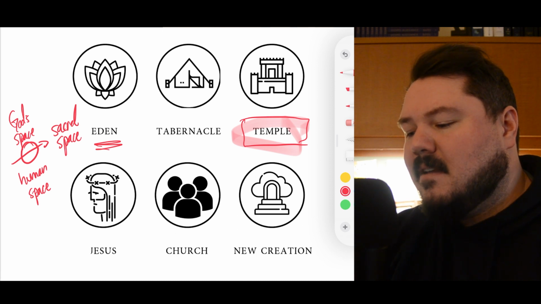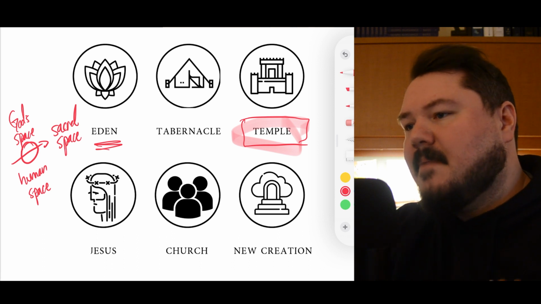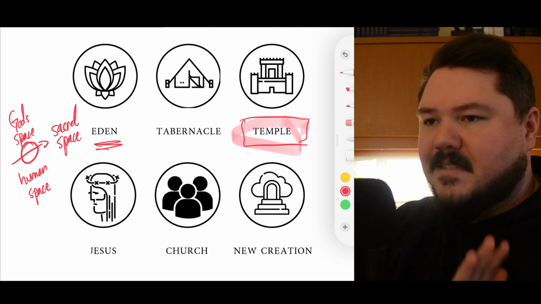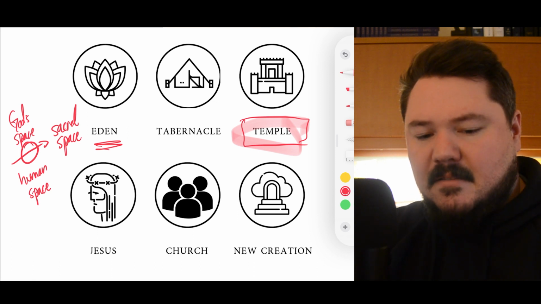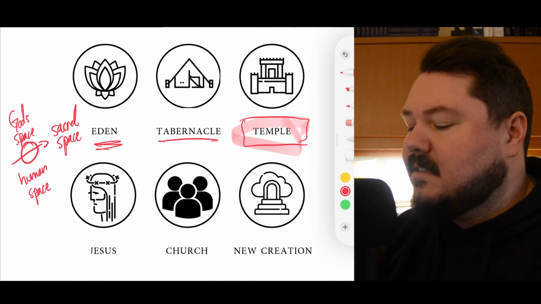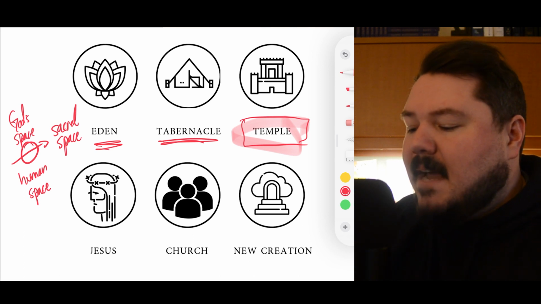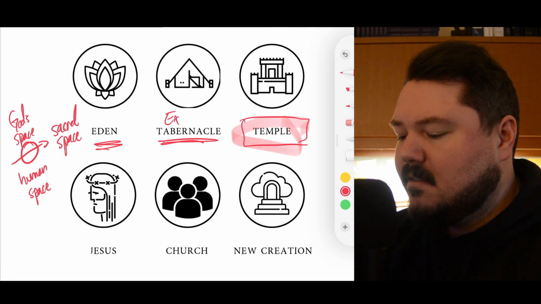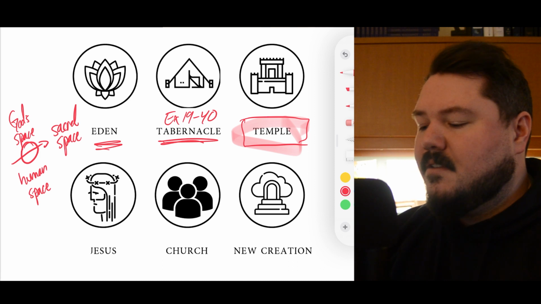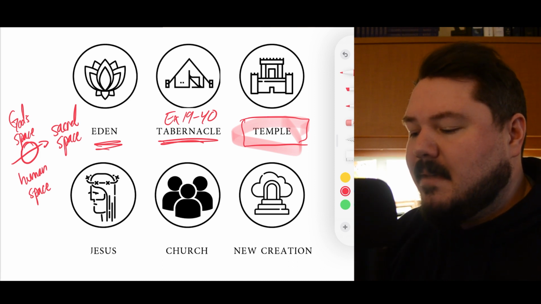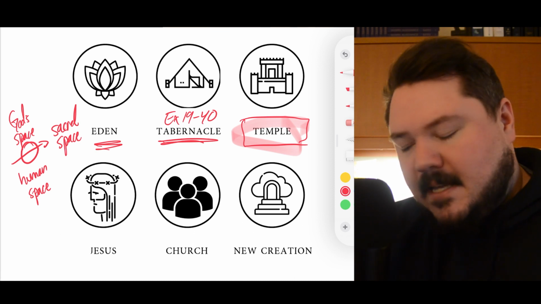And of course, that gets fractured by sin. God sends them out from the garden, from this sacred space. But as he works through the people of Israel, he continually provides these places where he could be with them. And the tabernacle is one of those. And I think you read, Exodus 19 through 40, you see all these instructions about how God can basically build this sacred space with his people again.